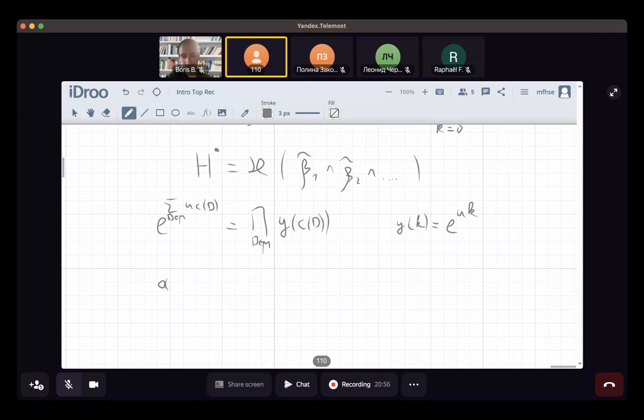Let me introduce A of k, defined over integers again.